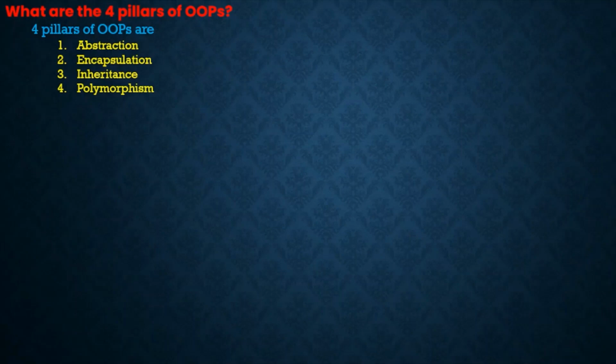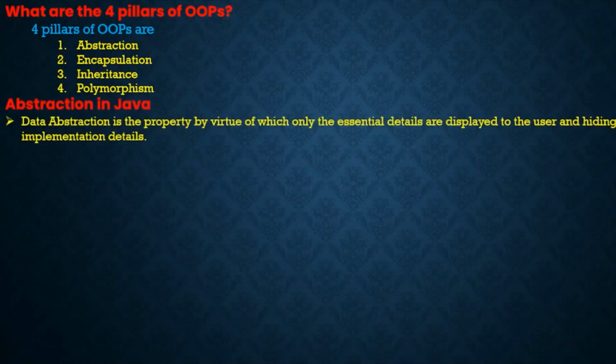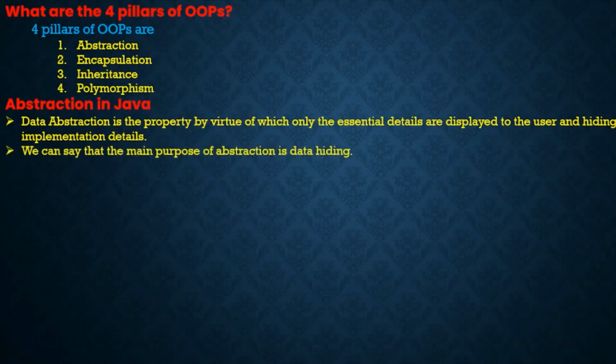Data abstraction is the property by virtue of which only essential details are displayed to the user, hiding the internal implementation details. I have already explained with examples. And in Java, we can achieve abstraction by abstract class or interface. These are the two things by which we can achieve abstraction, right?